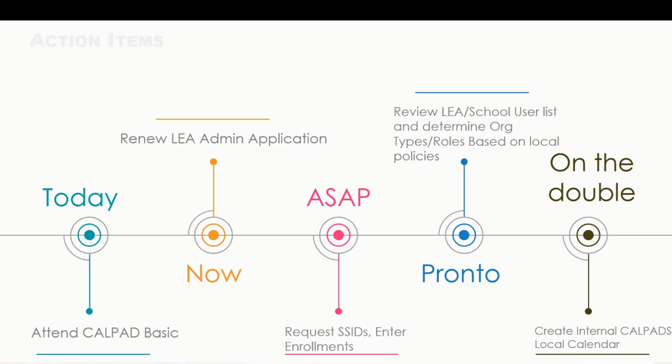That's what you want to do. Make sure that who has that role deserves that role. Then, on the double, you want to create a plan. Start creating a plan now. And part of that plan is getting yourself comfortable with communicating with the SEPA admin.